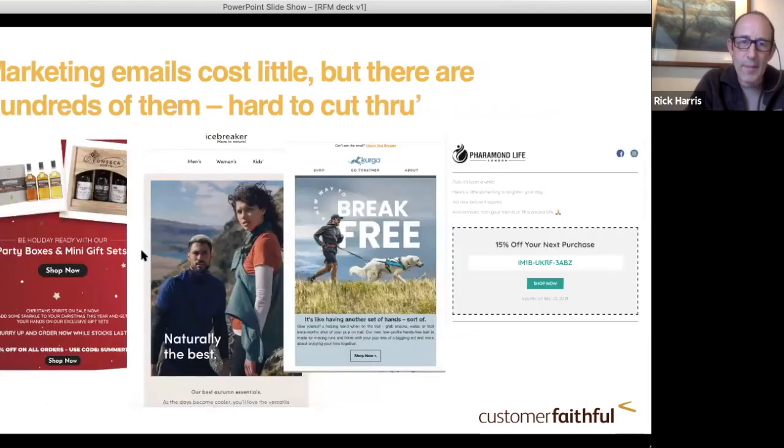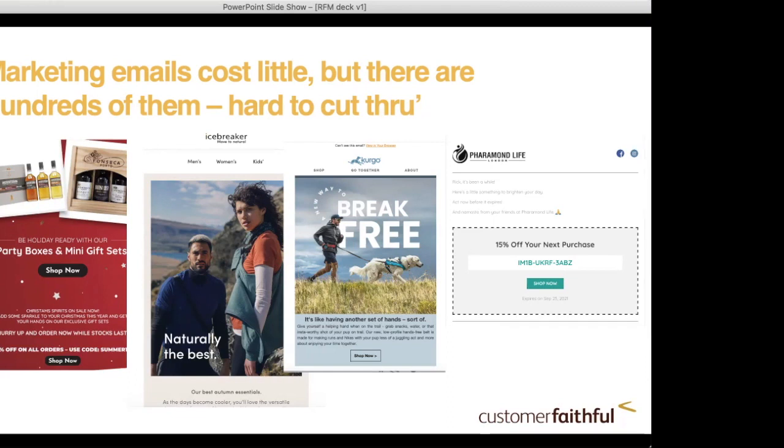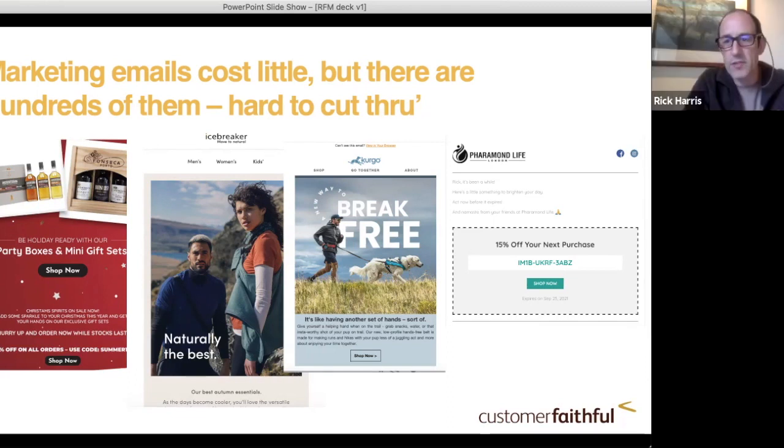So marketing emails, as opposed to catalogs, the good news, of course, is they cost virtually nothing. So there's no incremental cost to sending out 10,000 instead of 1,000. The trouble is, because they're so cheap to send, everybody sends them. So your inbox is filling up with email marketing messages, along with hundreds of others.